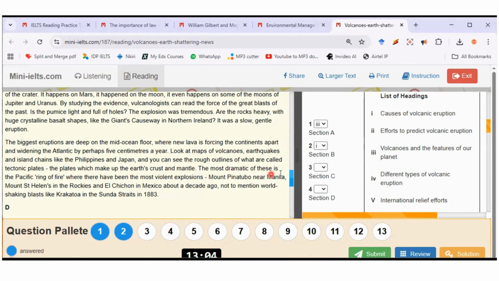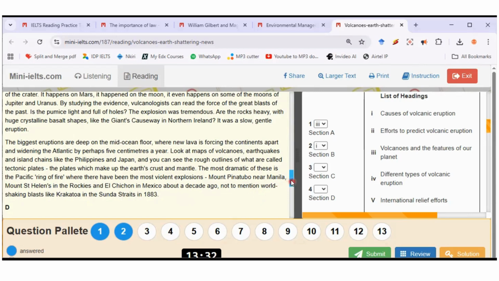The most dramatic of this is the Pacific Ring of Fire, where there have been the most violent explosions: Mount Pinatubo near Manila, Mount St. Helens in the Rockies, and El Chichon in Mexico about a decade ago. Not to mention world-shaking blasts like Krakatoa in the Sunda Straits in 1883.